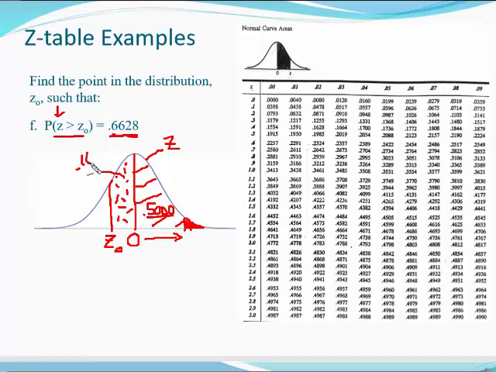Doesn't this have to be, in this case, 0.1628? And so in the picture I've drawn now, the total area above z naught is the 0.6628.